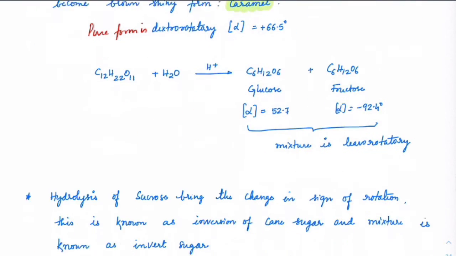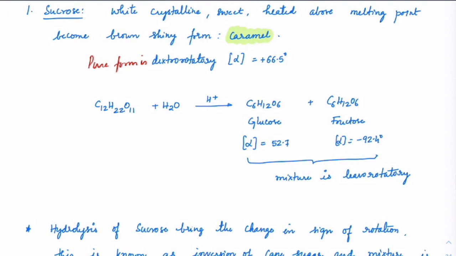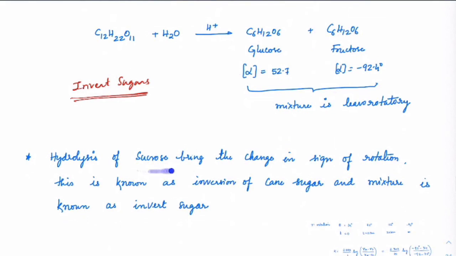Such sugars which change their configuration are called invert sugars. They invert their rotation in aqueous solutions. So hydrolysis of sucrose brings a change in the sign of the rotation.